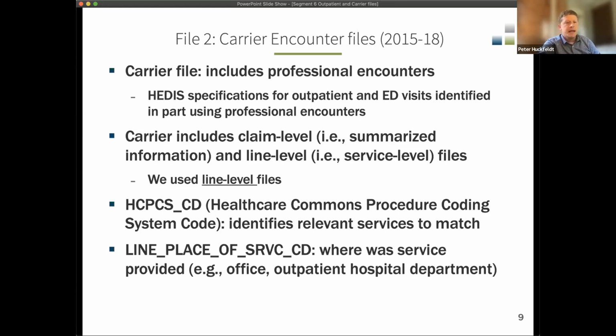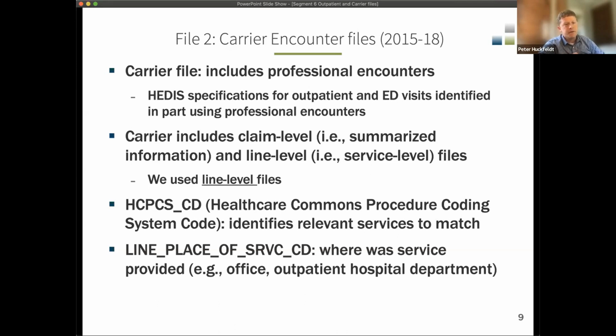The carrier encounter file includes both a claim level component and a line level component. The claim level component is the header summarized information. And then the line level component is a service level file that lists all the services that were received by a given beneficiary.